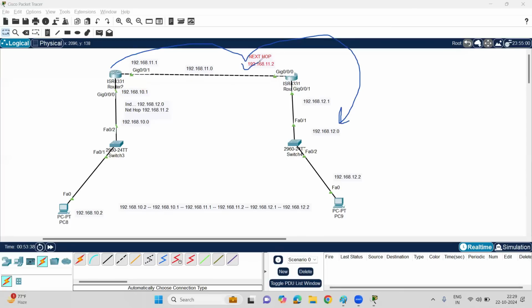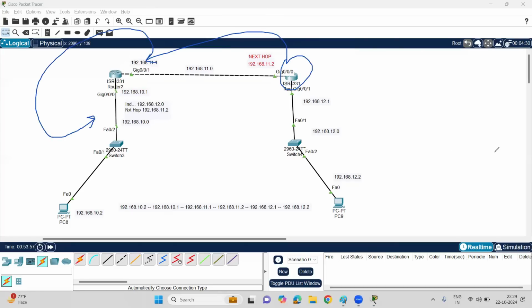First, the data will be received on this interface, then it will be forwarded to the other side, to the indirectly connected network. In the same way, for this router, this interface IP will be the gateway, and this is called the next hop, and that is responsible to forward the data to the other side.